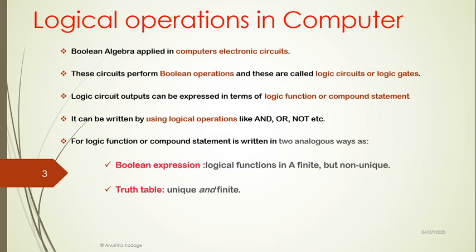Because whenever we say that a digital device or a digital circuit of a computer operates on different logical operations, these logical operations are expressed in terms of Boolean operations on these logical circuits.